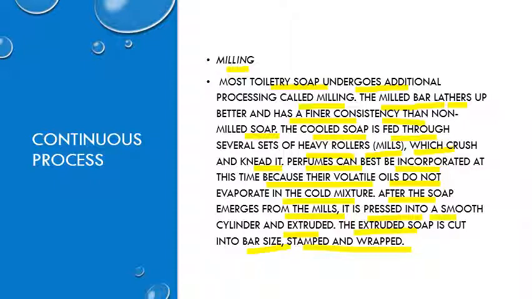The perfumes and fragrance can be added in this crushing and kneading so that they remain in the soap, and the volatile oils cannot evaporate in the cold mixture. So that additional step required in the continuous process is called milling, and it is specifically done for bathing toilet soap.